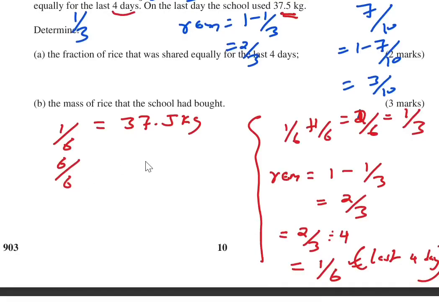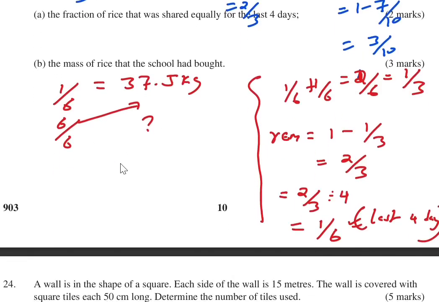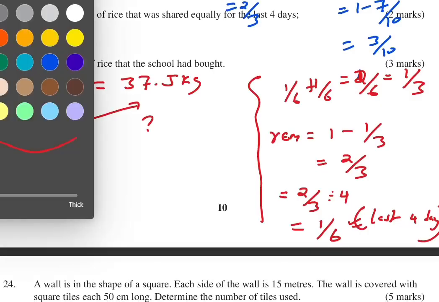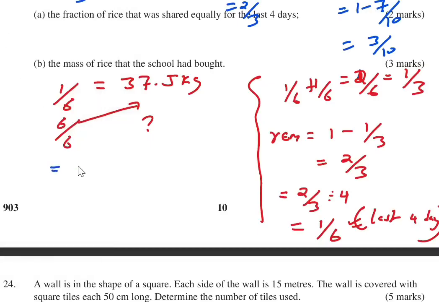What will be the mass? So tuna multiply na hii, then hii mimi inaenda chini, so inakuwa divide by. So it will be 6 over 6 multiplied by 7.5, divide by 1 over 6.